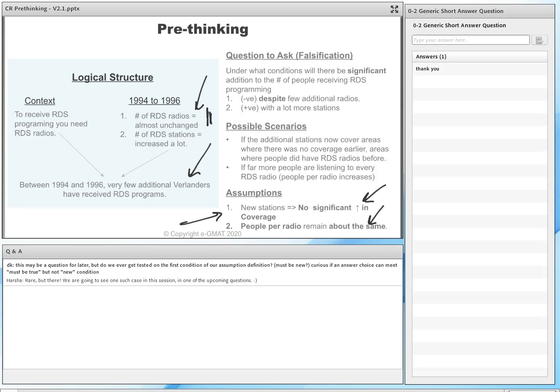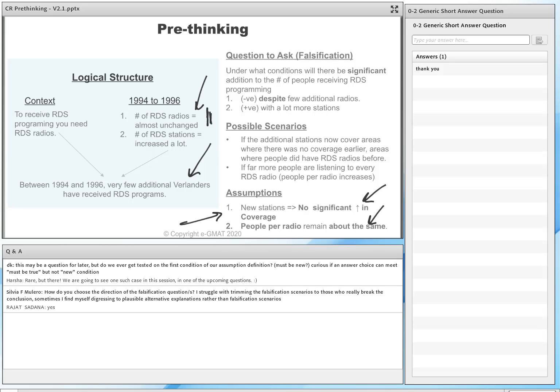Okay, I'll underline the word sometimes over here. So I'm going to answer Sylvia's question, and I'm going to share it with everyone so you can read her question, because it's an excellent question. You should be able to read that question right about now.